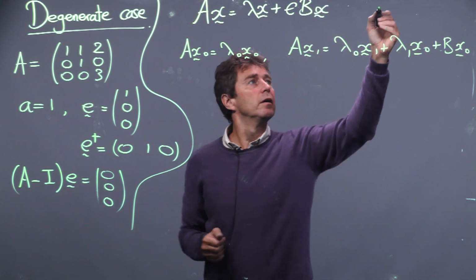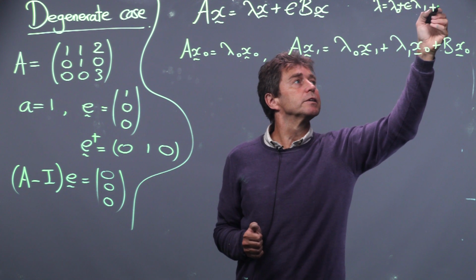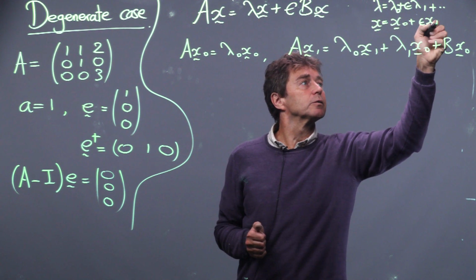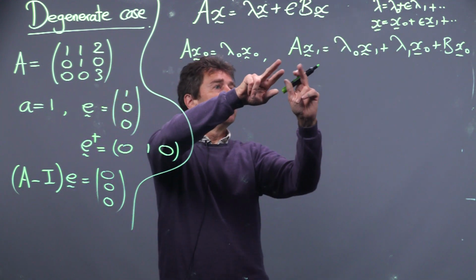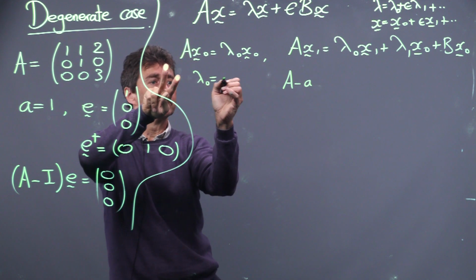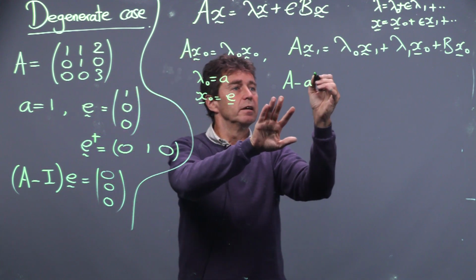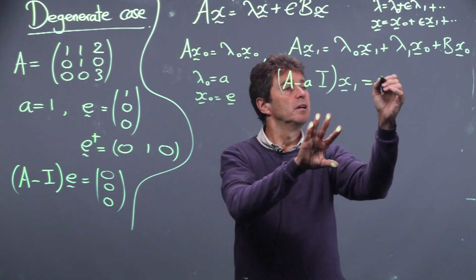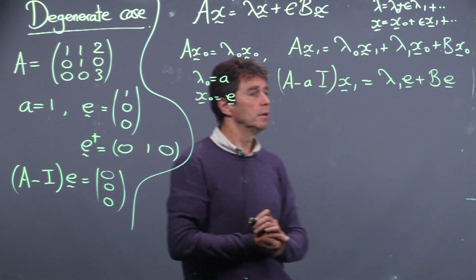That's putting in lambda is lambda 0 plus epsilon lambda 1 and so forth, and x is x0 plus epsilon x1 and so forth. Bearing in mind that lambda 0 is a and x0 is E, I rewrite this so that I get (A minus a I) x1 on the left equals lambda 1 E plus B E. That's the equation.